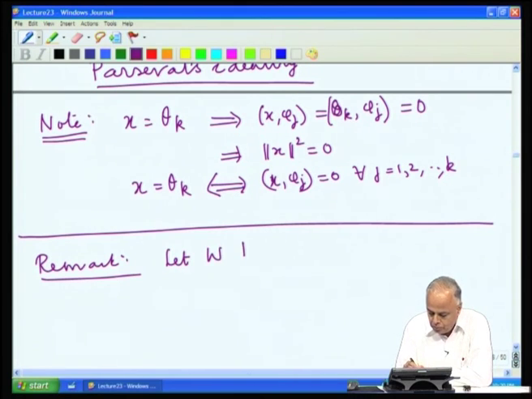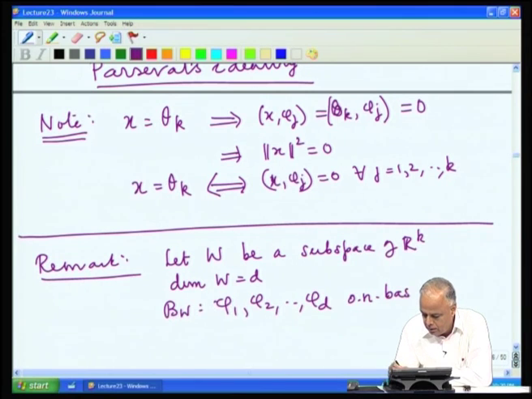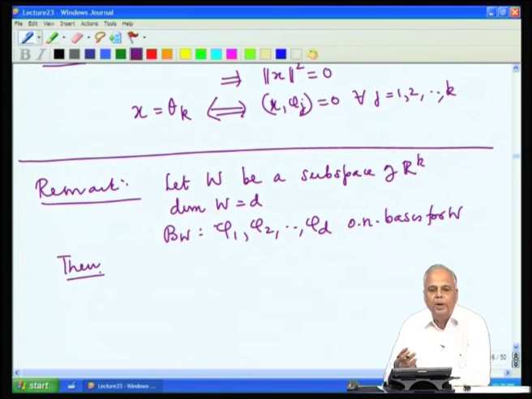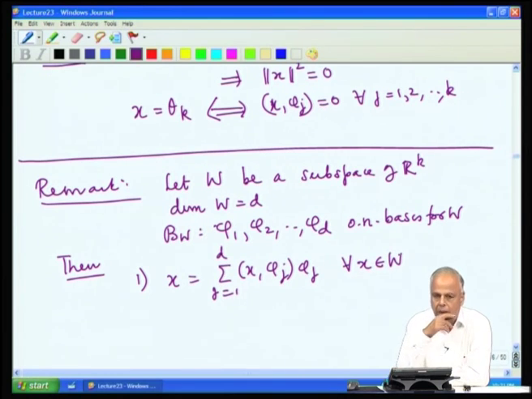So, let W be a subspace of R k, the dimension of W is d, and let me again use the same phi notation for an orthonormal basis, phi 1, phi 2, up to phi d, an orthonormal basis for W. Then we can restrict our Fourier expansion within W. x is equal to the summation j equal to 1 to d of the inner product of x with phi j times phi j, for every x in W. So, every vector x in W can be expanded in the Fourier expansion.